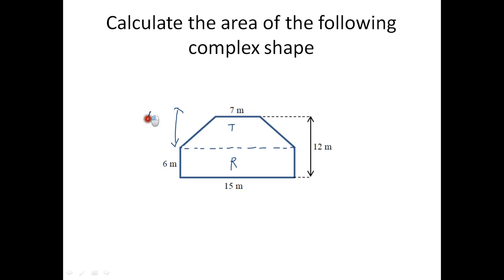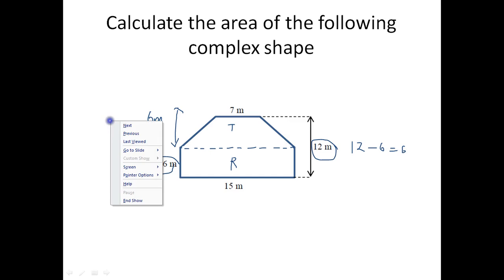That's why we said that this is 6 meters. And say if it was a longer number and you weren't sure how to do it, you can do 12 minus 6 and you'll get the same answer. The 12 comes from here, the 6 comes from here. So if you do 12 minus 6, you're going to get 6 here that I wrote at the top. That's how I got my 6 as the result.